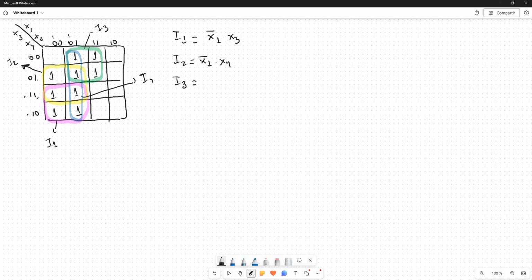For example, implicant 3, the variable that doesn't change in implicant 3 in the columns is x2, that is 1, so it's going to appear non-negated, and in the rows is x3, that is 0, so it's going to appear negated. And finally, the last implicant is the one linked to the group 4, that is the column. So in the column, the only variables that remain constant are x1 and x2.